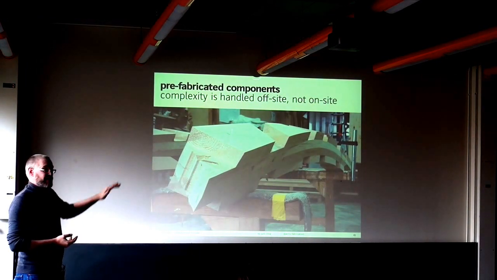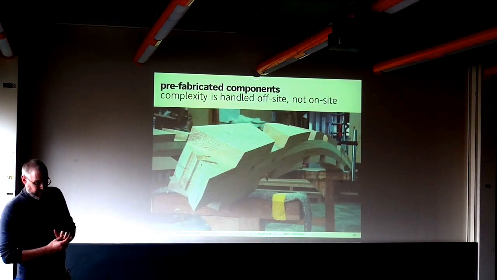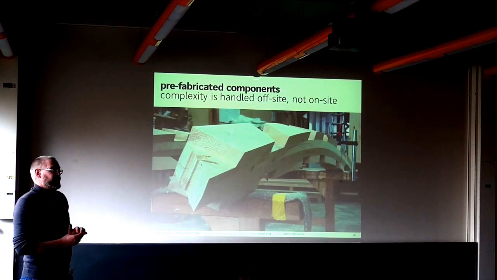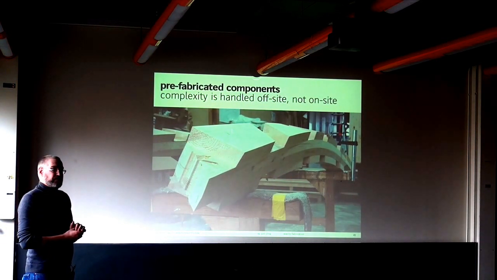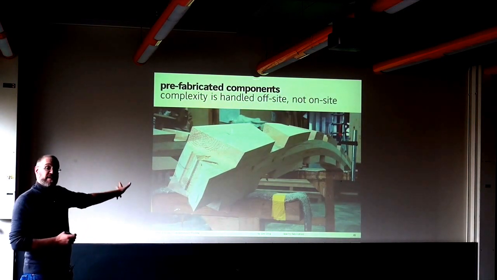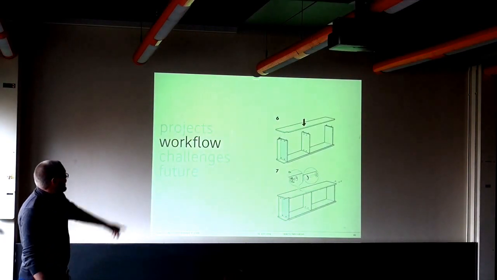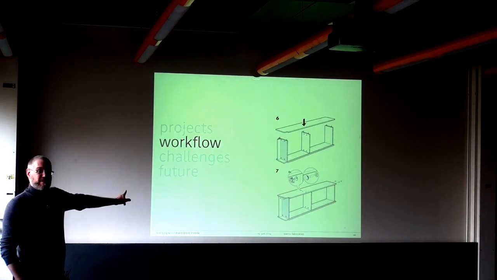This is from a project I haven't shown yet, but it tells you a bit about the complexity of the components that are being fabricated and put together, like an IKEA shelf, basically, on site. So the complexity is actually put into the components off-site, like here. The idea is to have the dowels and the screws in the right place, because there's a drilling hole for them.